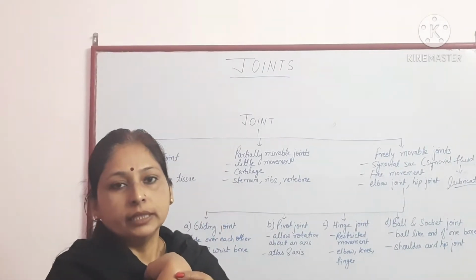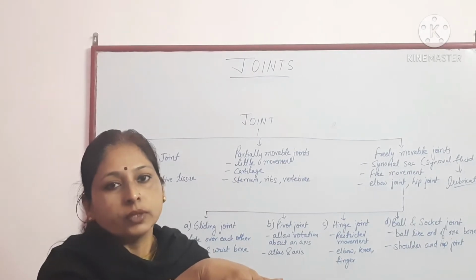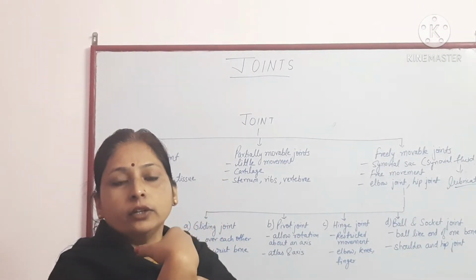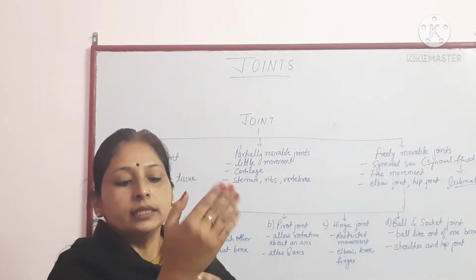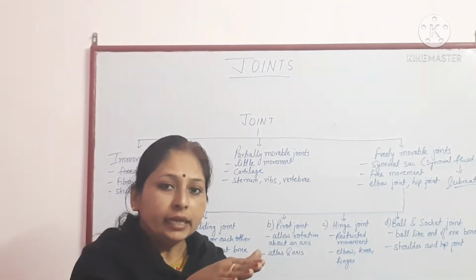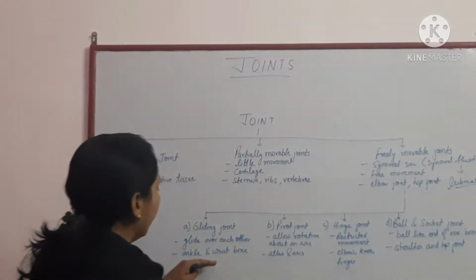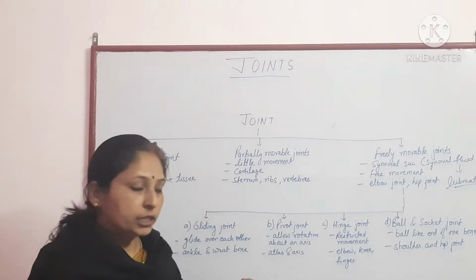When we fold the wrist, the bones slip like this, stretching and resulting in movement of the wrist. Then the bone again glides over the other. So gliding of one bone on the other is provided by the gliding joint, and it is present in the ankle and the wrist bones.